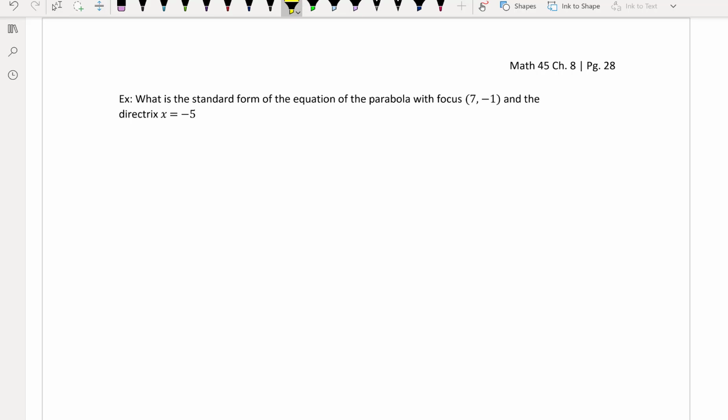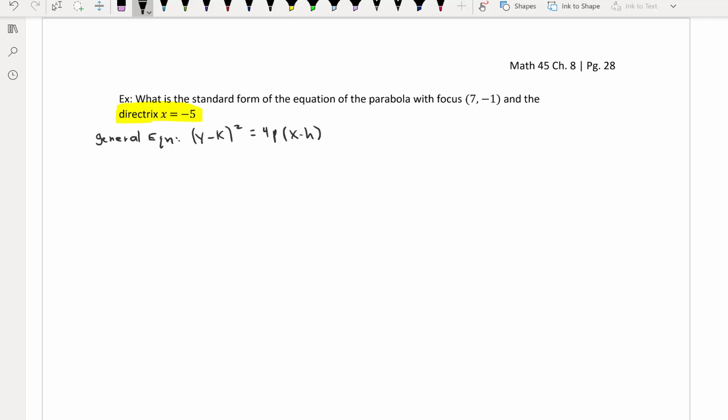So what's going to help us is what the directrix is going to equal to. If the directrix is x equals a number, then that's going to be the general equation of my y minus k squared is equal to my 4p times x minus h, okay?